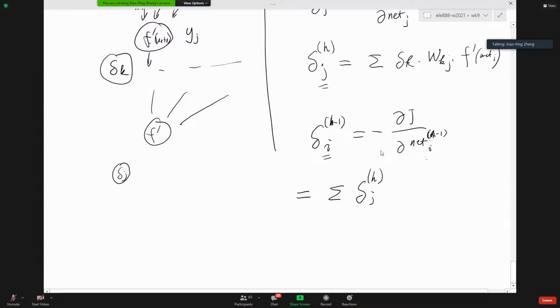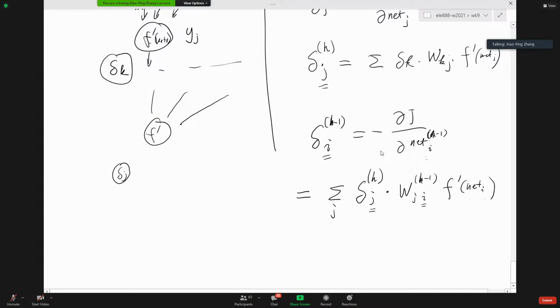So you would sum up over all J, right? All those arrows together with this W, which would be the H minus 1 layer W, and the relationship between J and I, times F prime net I, because this is the ith node.